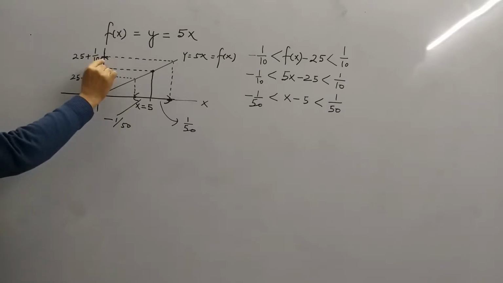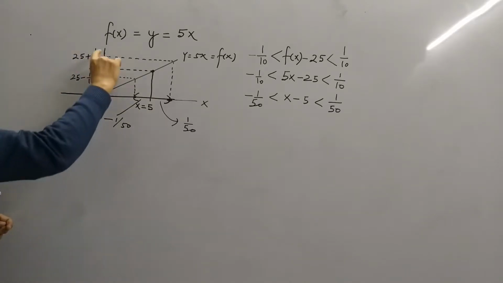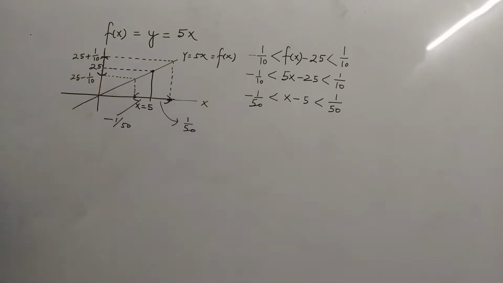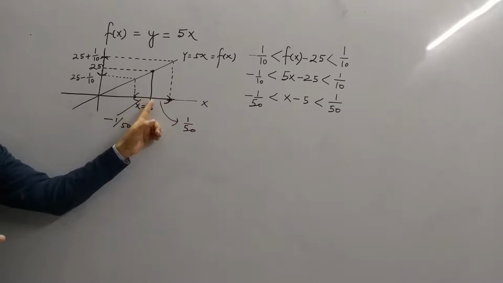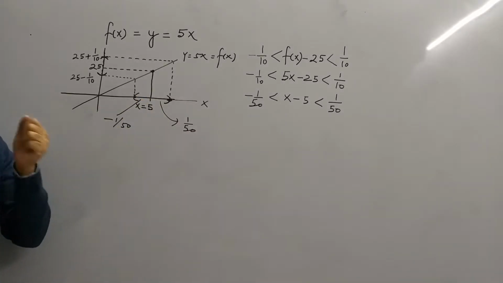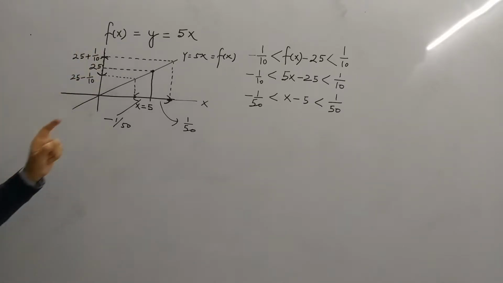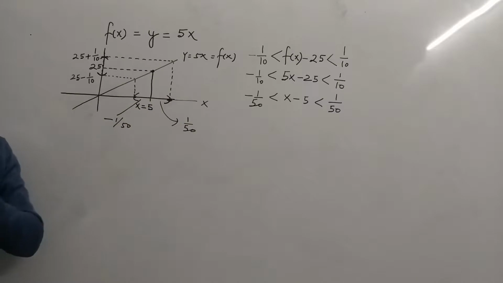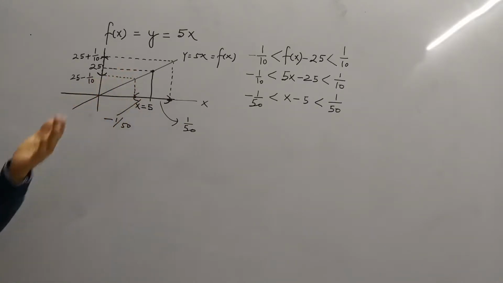So, for the movement of the function from the limit by the size 1 by 10 will require my independent variable to move from the limit point by 1 by 50. So there is a neighborhood of plus minus 1 by 10 and there is a neighborhood of plus minus 1 by 50. So if I can guarantee this as I have guaranteed in this case, then there is a limit.